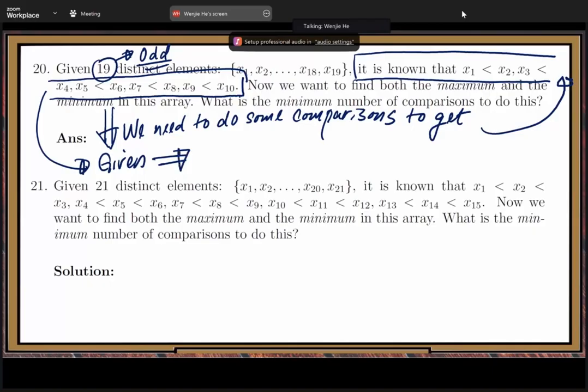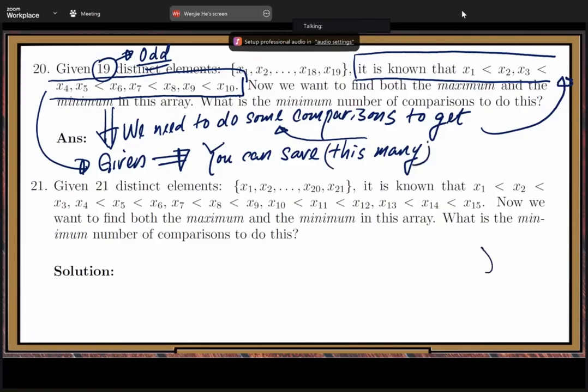That means you can save several comparisons.